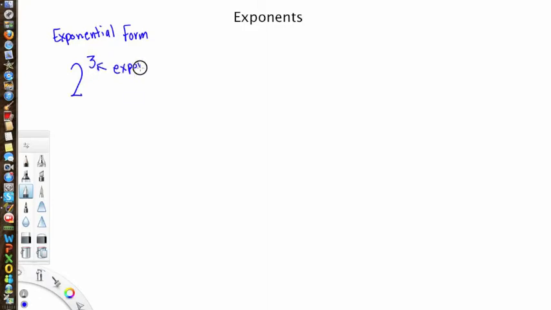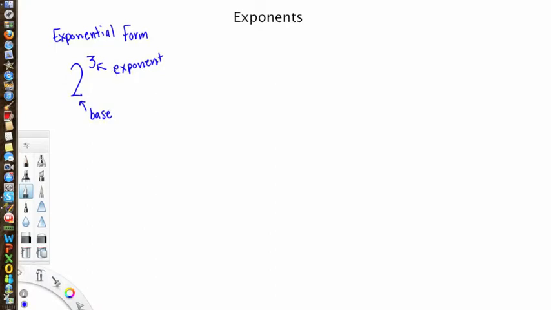When you write a number and shrink it down a little bit and write it to the upper right hand corner of the number, that's your exponent. And the exponent is in charge of what we call the base. So an exponent has 2 parts. It has the actual exponent and it has the base.